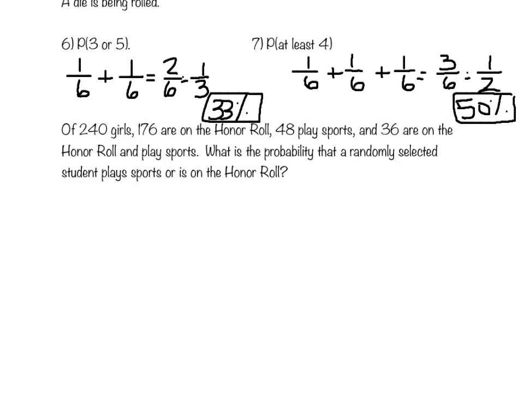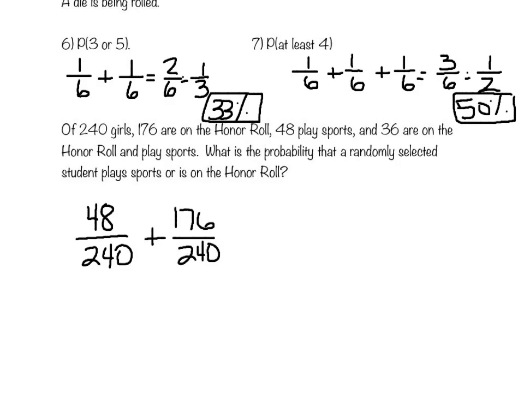Let's figure this out. What is the probability that the student plays sports? Well, it's 48 out of 240. Then let's add the probability that they're on the honor roll. That's 176 out of 240.